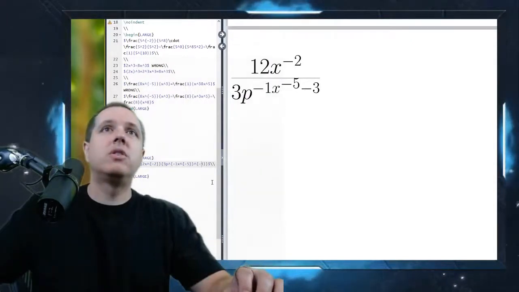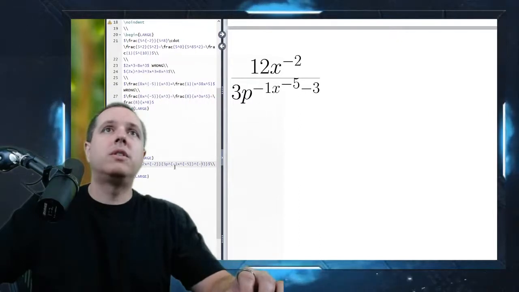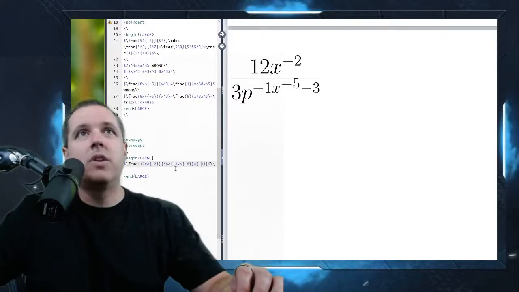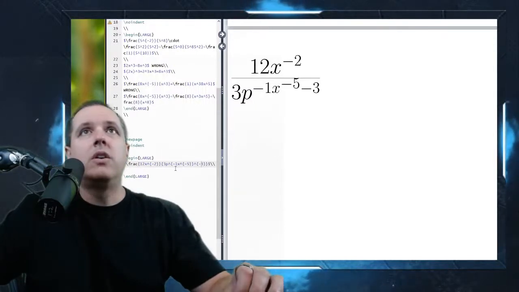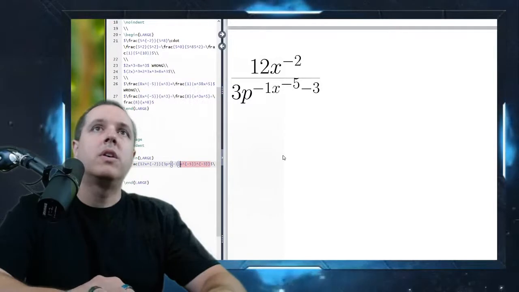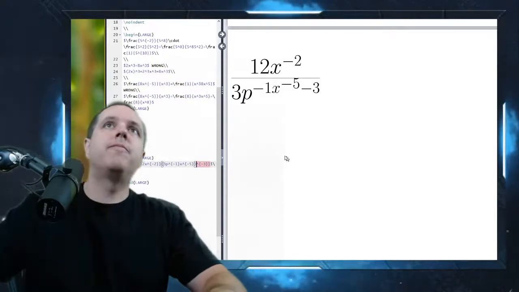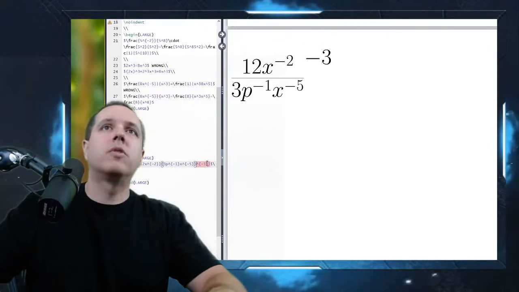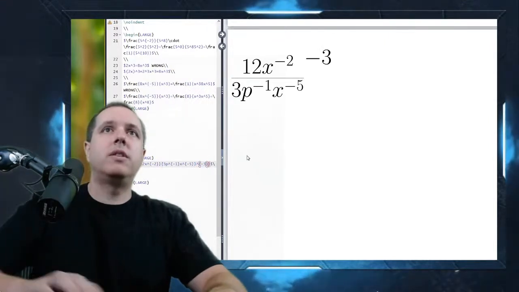Oops. This is not right. Hold on, I have a bracket out of place. Let me fix it. That's not right. Let me delete this part.